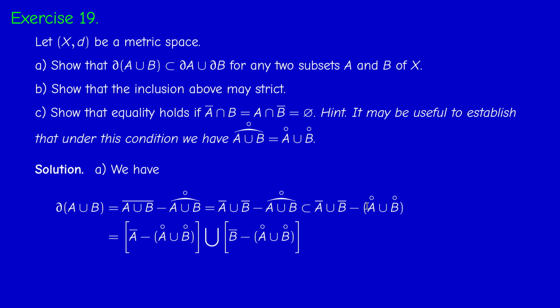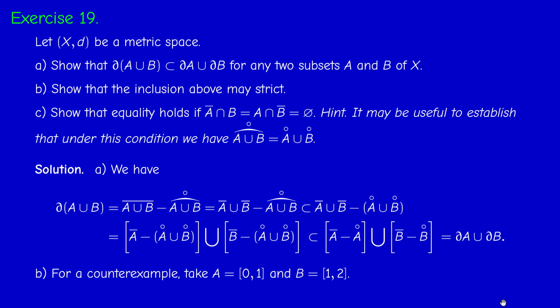So if you apply distributivity of intersection with respect to union, you get this. Now, which one is bigger, A circle or A circle union B circle? Of course, this is bigger. So when I remove A circle union B circle from A bar, I get something contained in A bar without A circle. So this is contained in this, since complementation reverses inclusion, and same thing for the other. And finally I get, by definition, the boundary of A union the boundary of B.